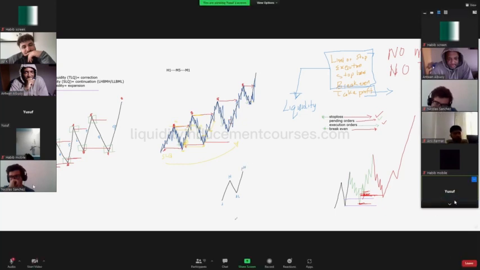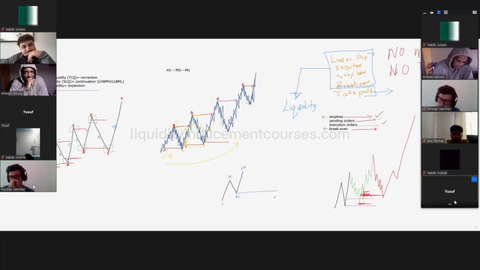Inducement liquidity is always sitting in the new higher low being created in the market. So if price comes here and then goes up again, it means that the inducement liquidity has moved from here to here. It is no longer here anymore.